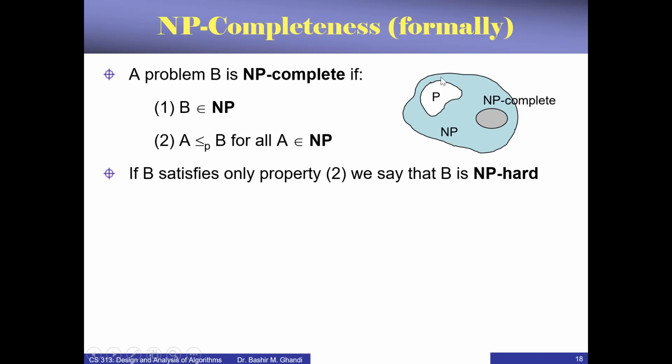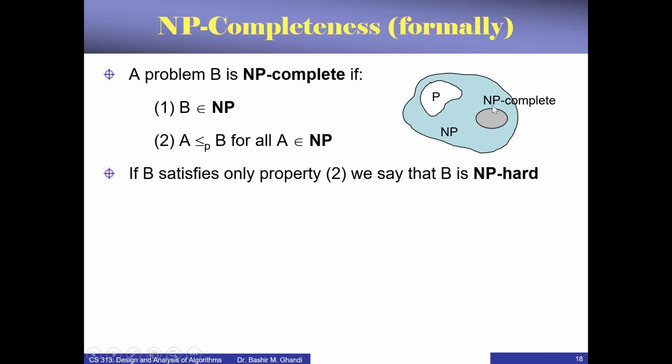Class number 1 are the easiest ones. We have a deterministic algorithm to solve them in polynomial time. Okay, NP: there is no known algorithm to solve them in polynomial time. However, if given a solution, we can verify that the solution is correct in polynomial time. So these are called NP.